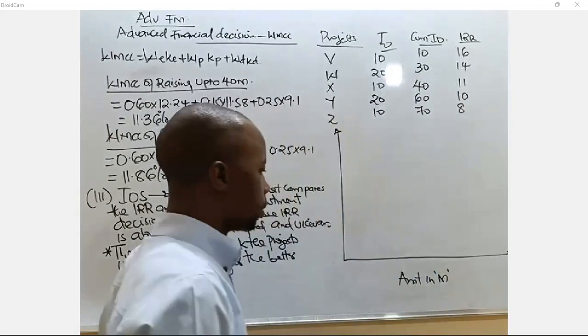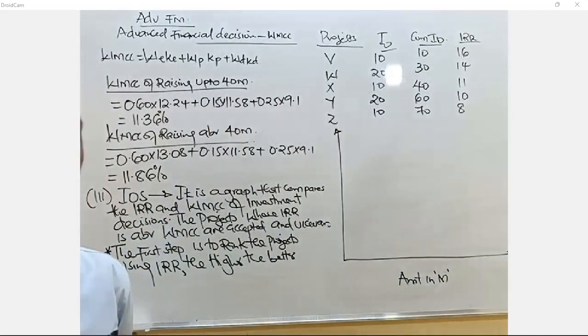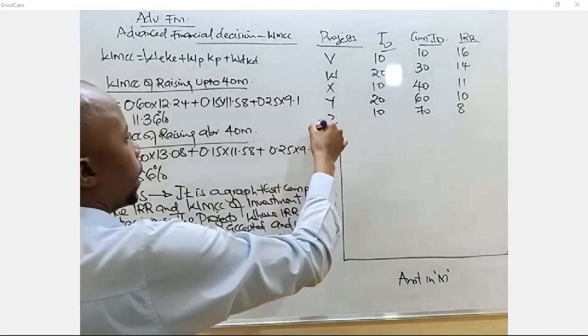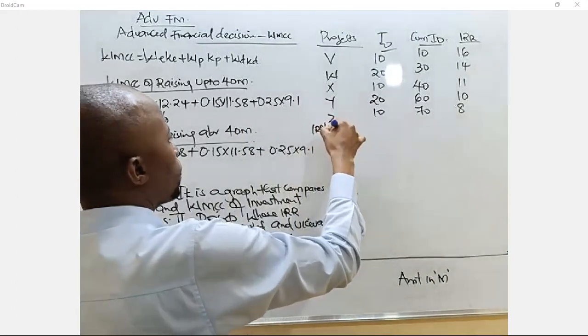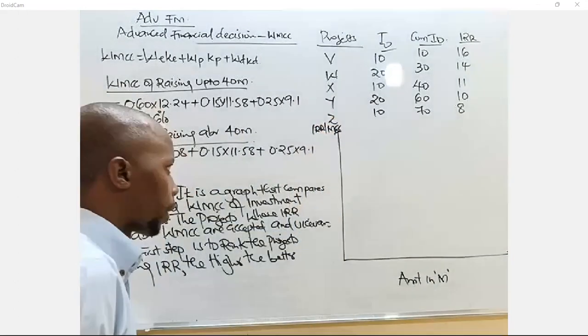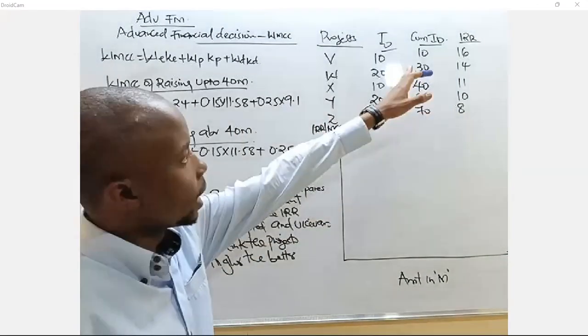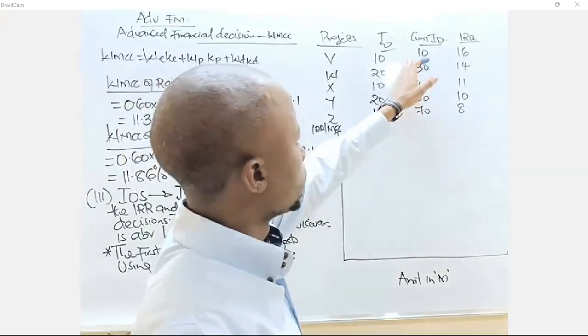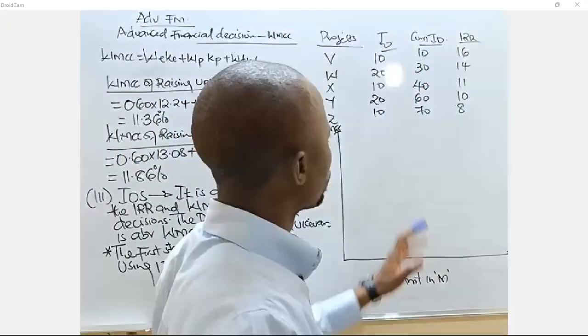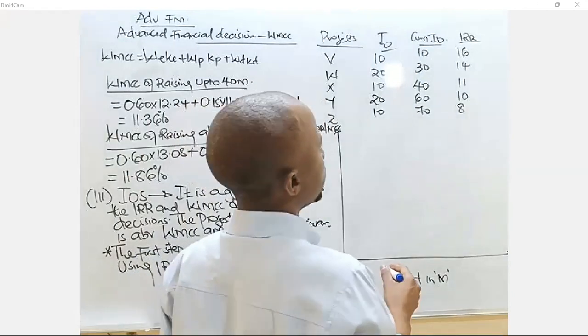Then here is where we are going to be drawing our IRR. Then we compare with MCC, correct? So let me just put them the way they are.